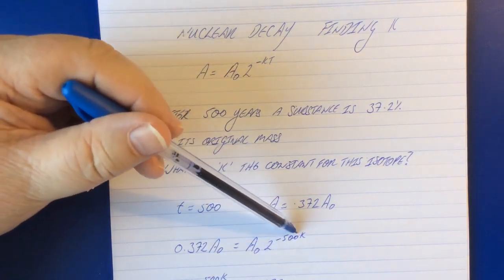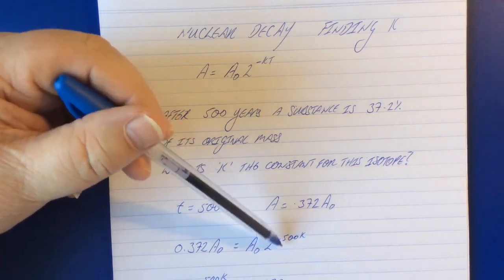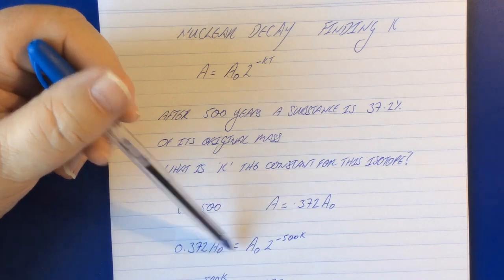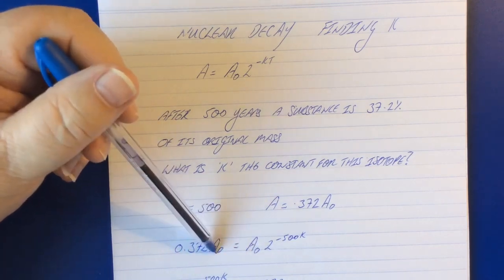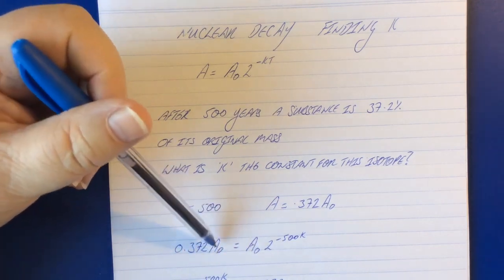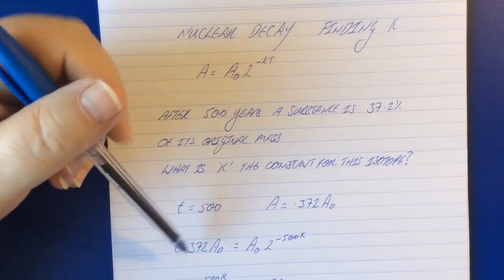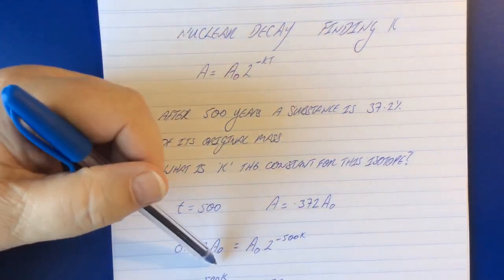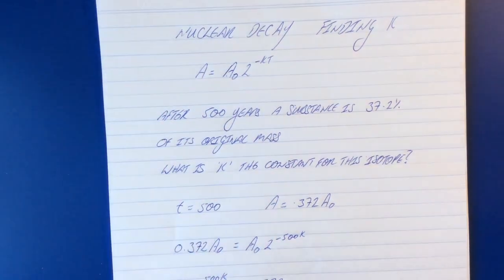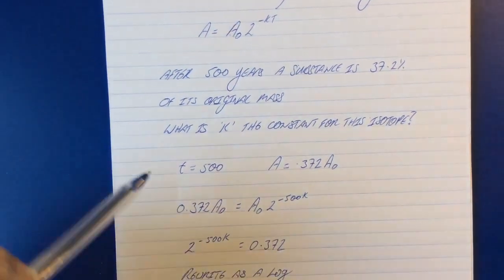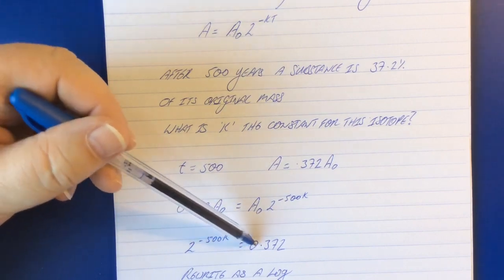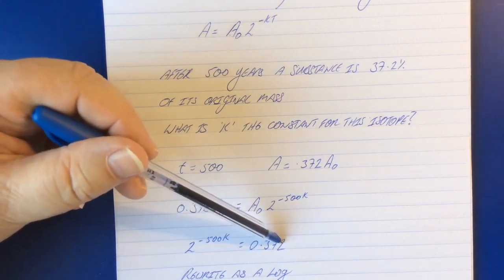Or we could go negative K times 500, but it's just easier to write it like this. Now, we've got A0 on both sides, so technically we divide both sides by A0 and get rid of it. The net result of that is here. So 2 to the negative 500K is equal to 0.372.